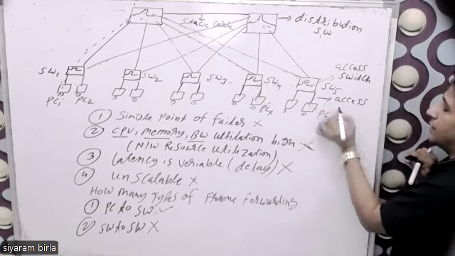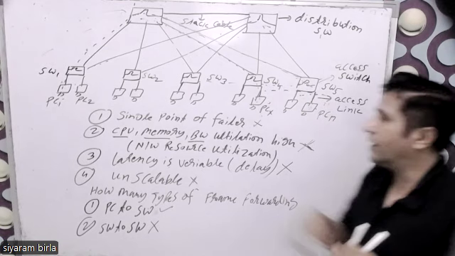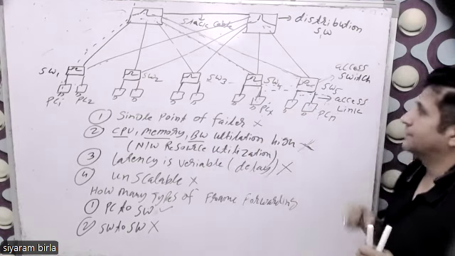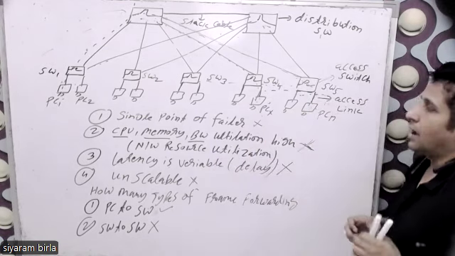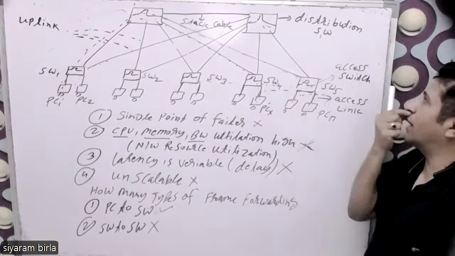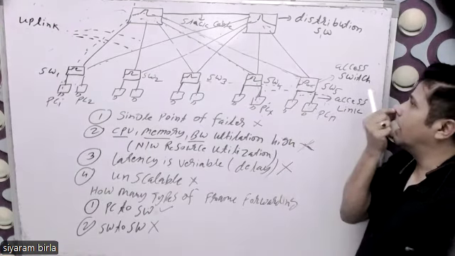All the access switches are connected to the distribution switches, and this link is called the uplink. Uplink means the access switches are connected to the distribution switches.